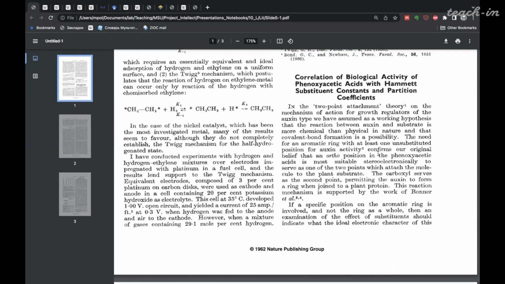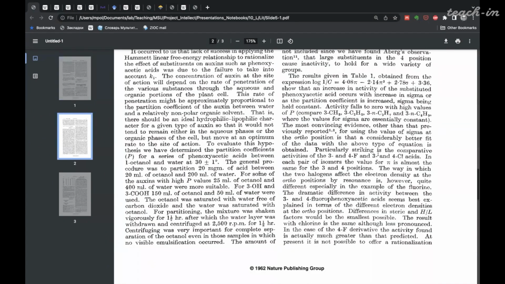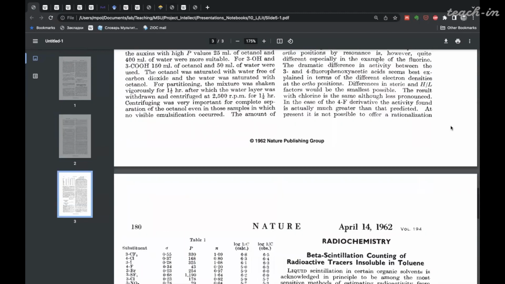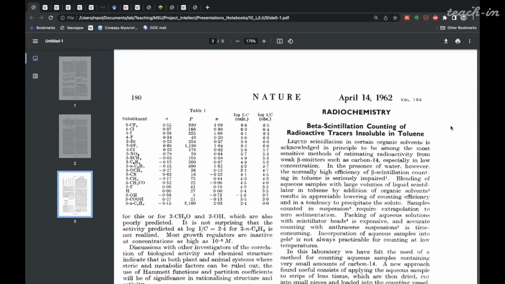So they obtained this equation, and this is a nonlinear one, of course.